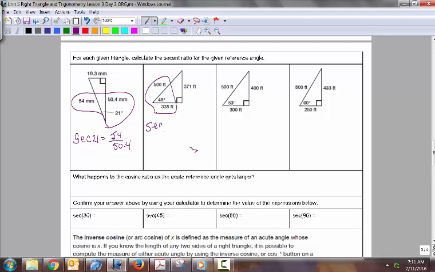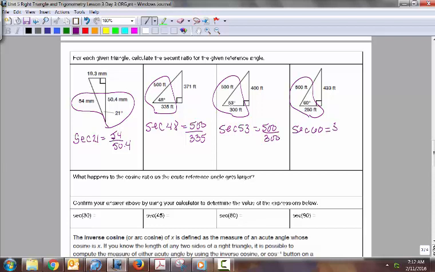The secant of 48 degrees is the length of the hypotenuse over the length of the side adjacent. The secant of 53 is the length of the hypotenuse over the adjacent side. The secant of 60 degrees is the hypotenuse over the length of the side adjacent. And we could calculate these ratios by getting our calculator.